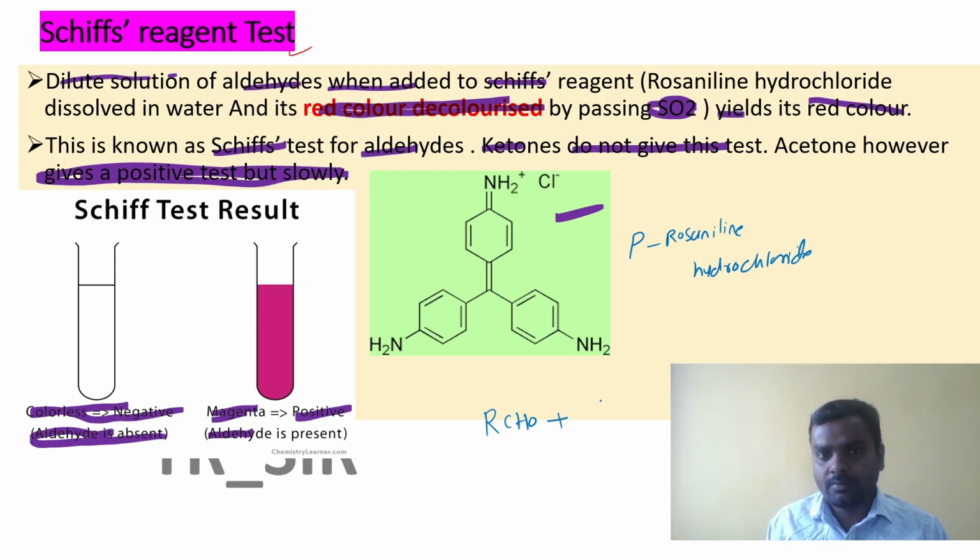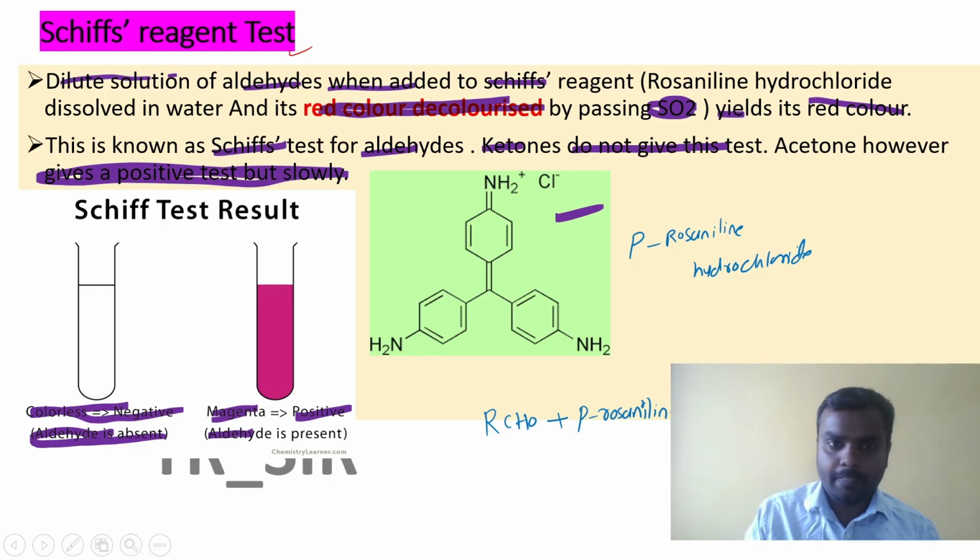Para rosaniline will be converted, and an acid will be formed like this, right? So here SO2 gas will be dissolved, meaning decoloration takes place.